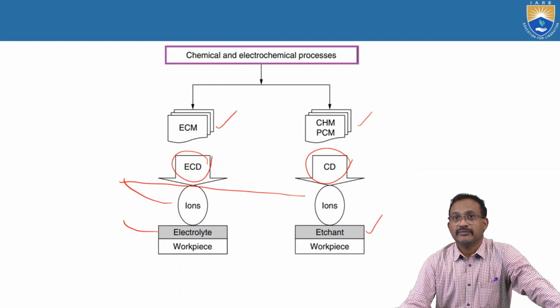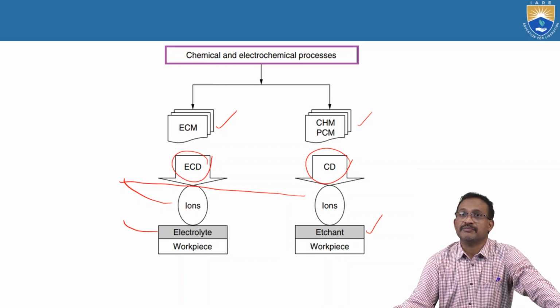So the material removal will take place because of this electrolyte and etchant in electrochemical machining and chemical machining and plasma chemical machining. We'll come to know all these in detail with complete diagrams and simulations in the subsequent slides or presentations.